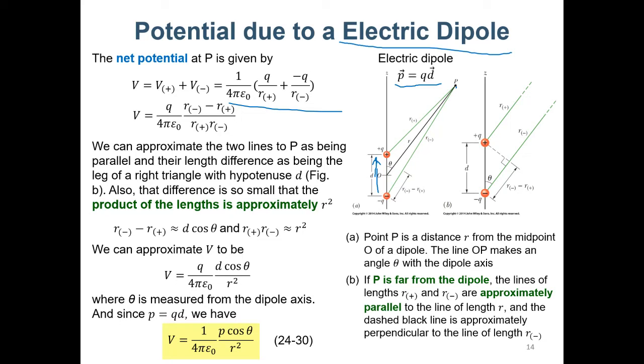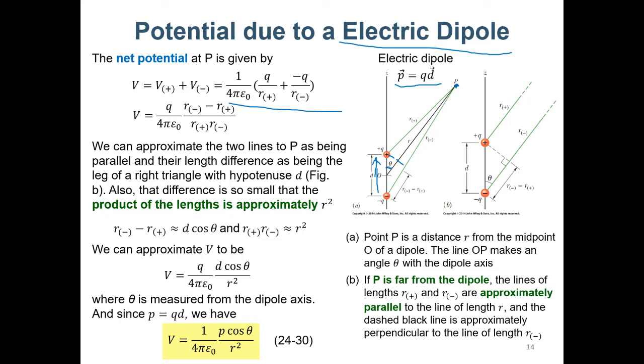And now we consider a point not actually on the z-axis. It is at an angle theta with the z-axis. So here we can draw a line like this, which is perpendicular to r plus and r minus.